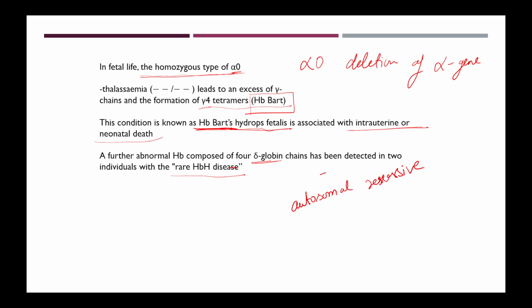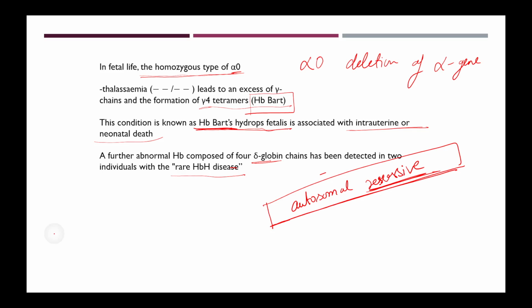That means the genes are not carried on the sex chromosomes. However, they are carried on the other remaining chromosomes. And it is a recessive disease, which means both copies of the faulty gene need to be present in order for the disease to be expressed. So it is a recessive disease.